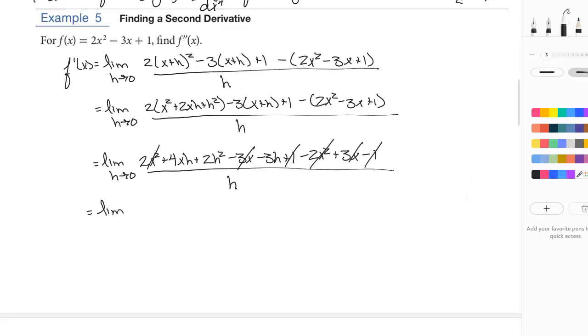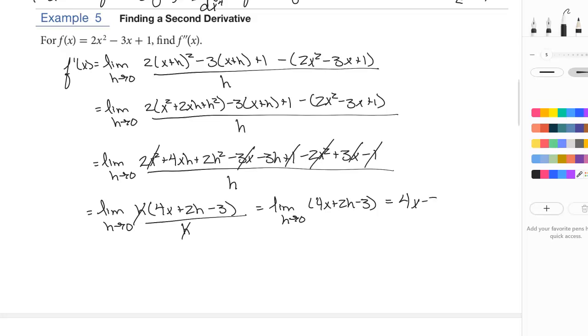So we have the limit as h goes to 0. All of the terms left have an h in common. So I'm going to factor it out. And that's going to leave me with 4x minus 3. So there's my first derivative.